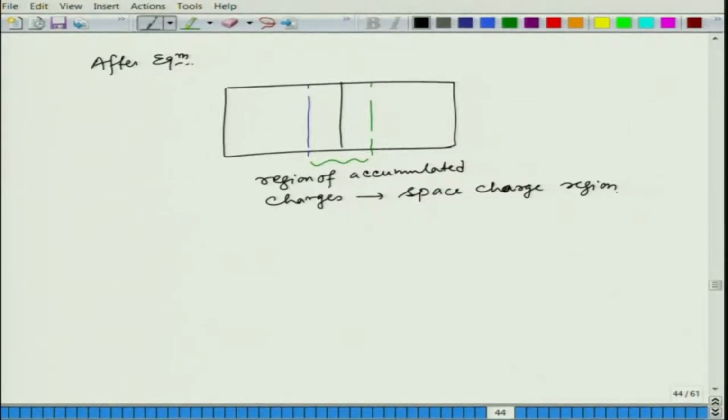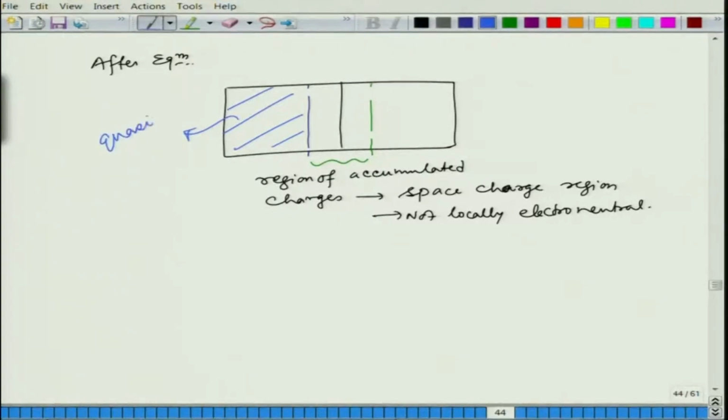It has some accumulated charges. But the other part, such as this part, is the same as the earlier one. So, we call it the quasi neutral region.